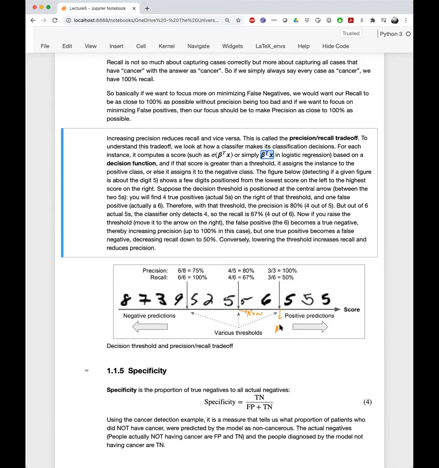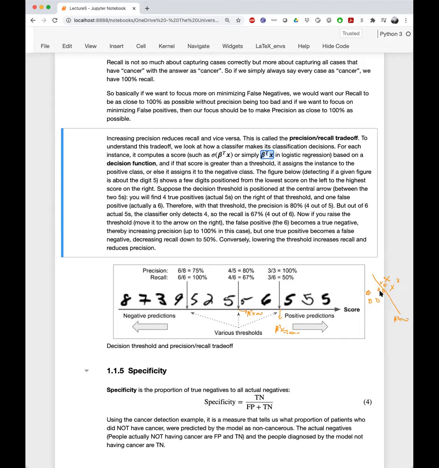Maybe it corresponds to beta transpose x equal to, let's say, 1000. If you think about the decision boundary here, let's say these are crosses, these are circles. Our decision boundary is here. That corresponds to beta transpose x equal to 0.